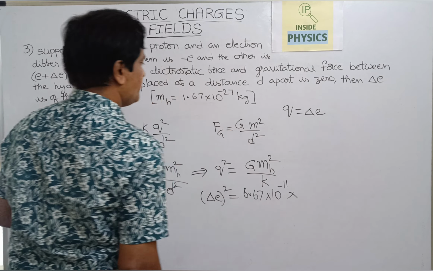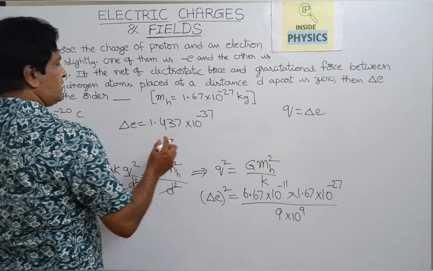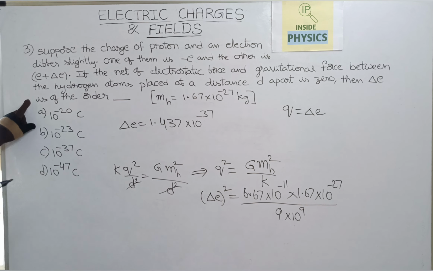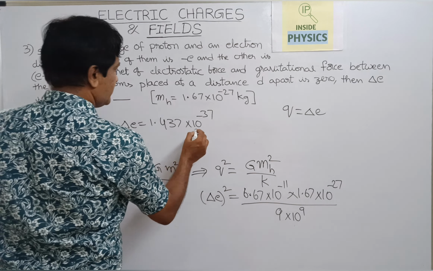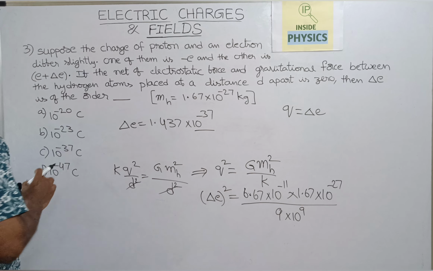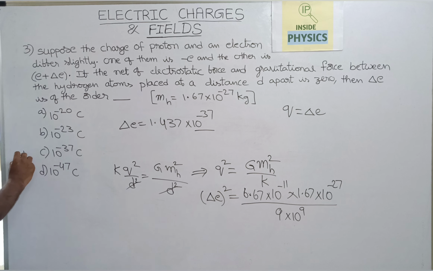If you calculate this value, the charge delta E will come out to be 1.437 into 10 to the power of minus 37. This is not the value that is asked; it is of the order. The order of the charge is nothing but 10 to the power of minus 30.